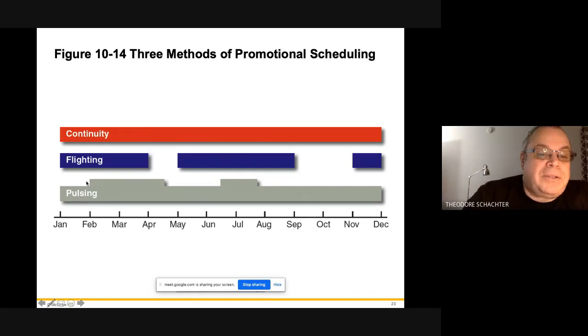That's when sales are peaking. Okay. So Valentine's Day for candy, Mother's Day, Halloween, the winter holidays we're experiencing right now. These may be periods when you may want to increase your budget because you sell more. Okay, so continuity, flighting, and pulsing are important to this chapter.